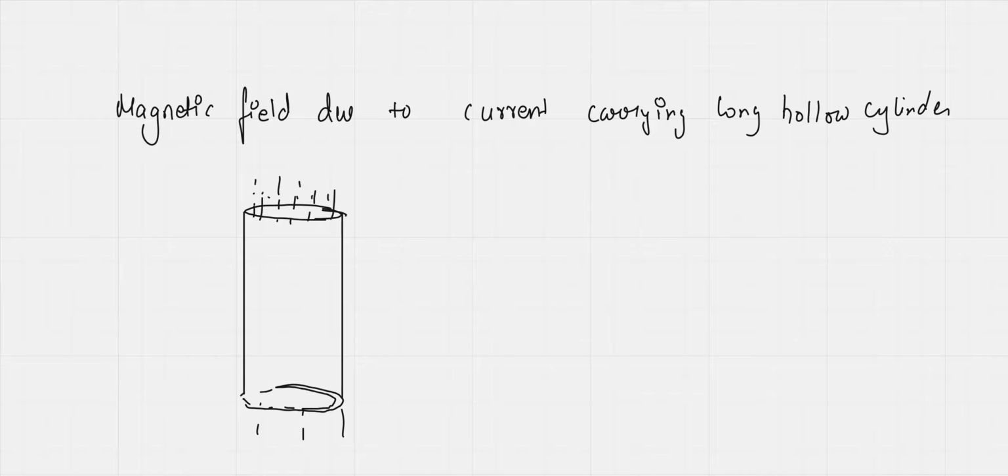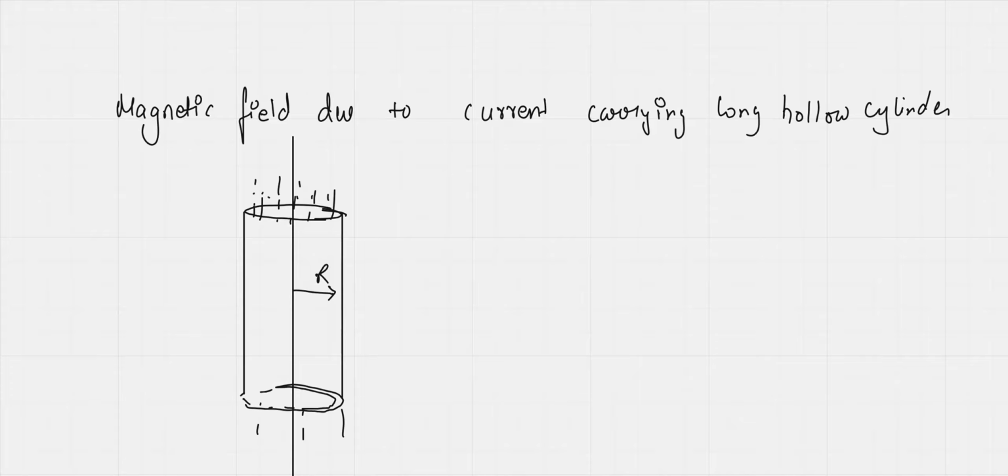This kind of thing is there. So you need to calculate. Assume this is the center, because there should be a central axis in this cylinder. This is your radius R. You need to figure out what the magnetic field should be.